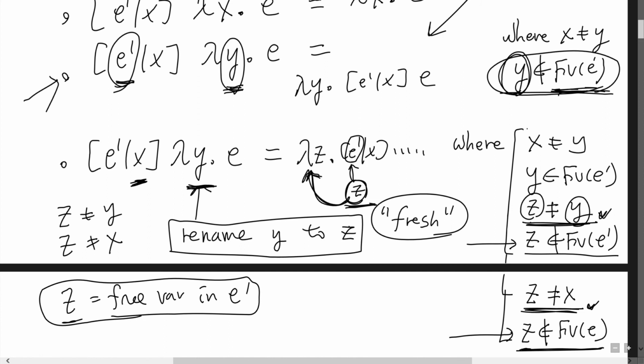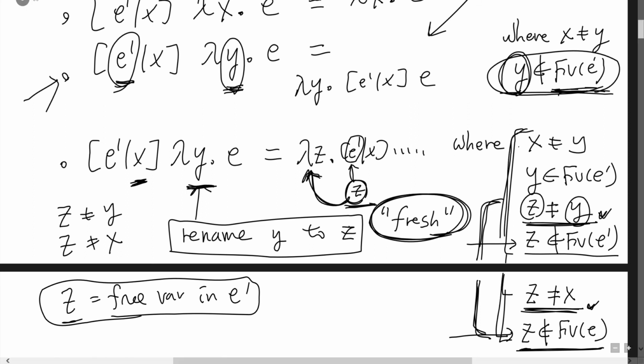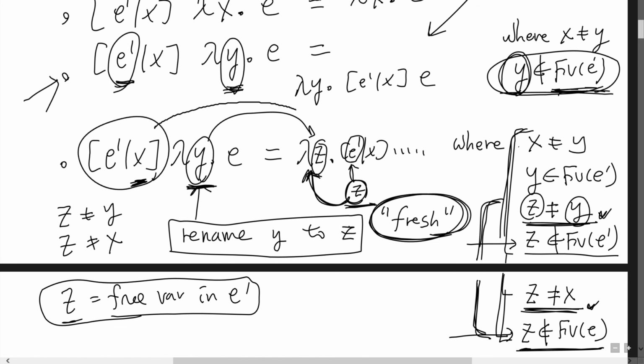So we have these 4 conditions dealing with the variable z, and they make sure that the variable z is really fresh, and moreover, it never introduces variable captures. So if you have these side conditions, then you may rename this bound variable y to z, and then move the substitution into the lambda body.